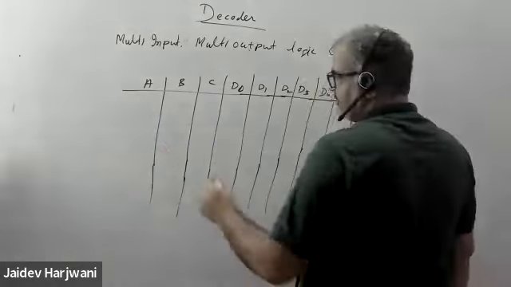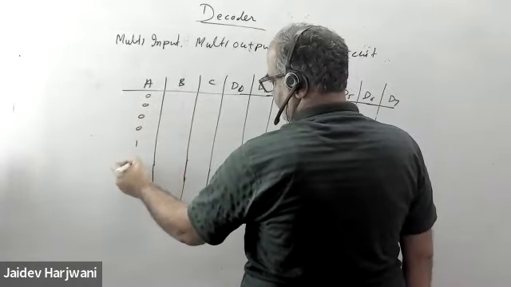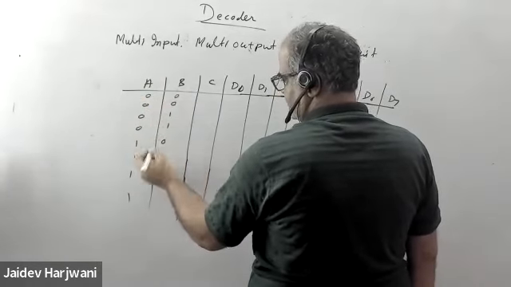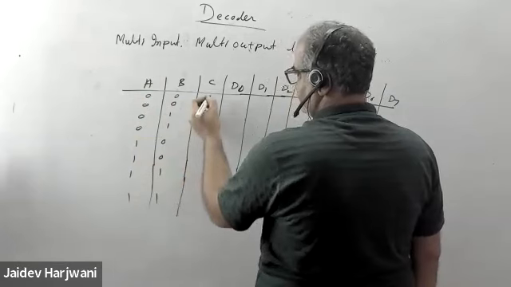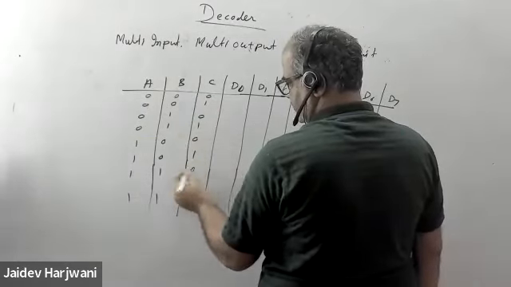So 3 inputs means you have a total of 8 codes: 0 0 0, 0 0 1, 0 1 0, 0 1 1, 1 0 0, 1 0 1.